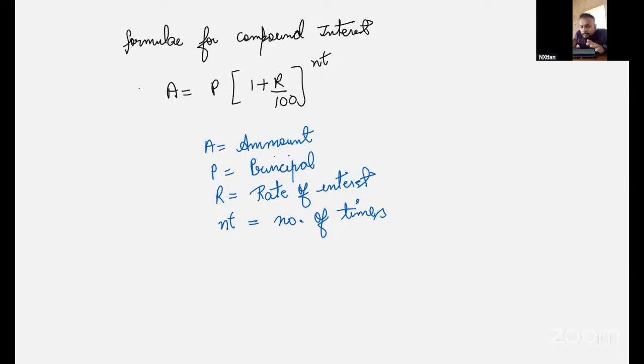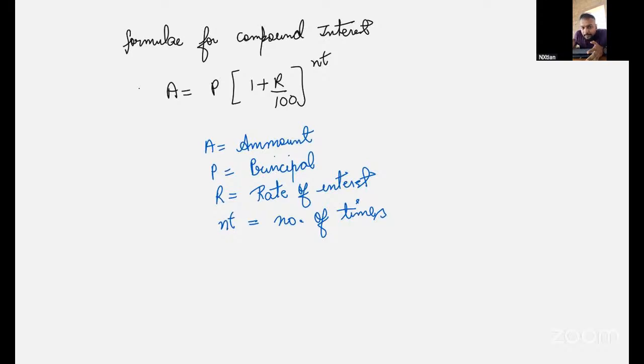Compounded quarterly means after the completion of 3 months, you will apply the interest.